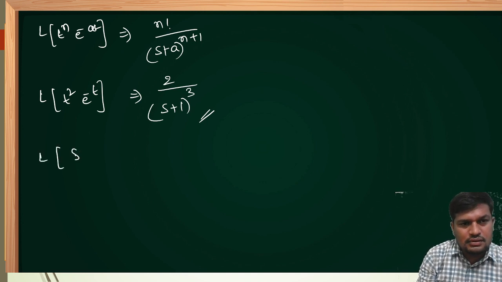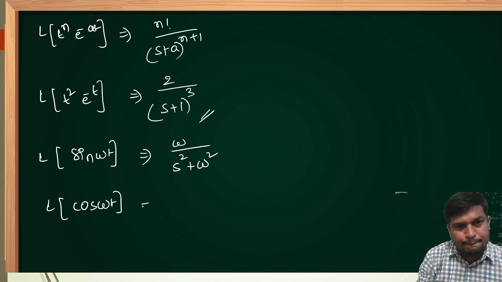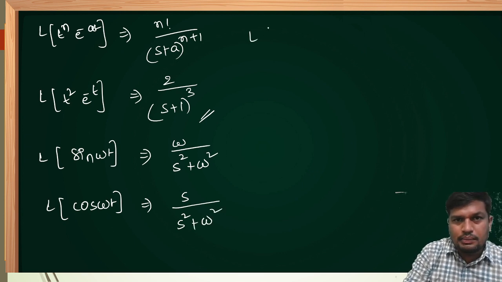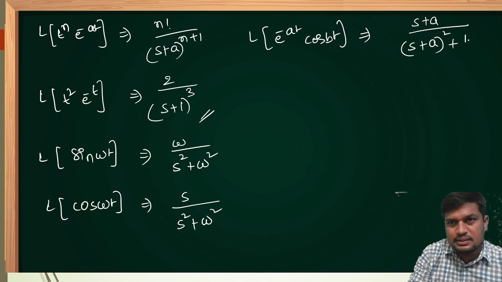Now, Laplace of sin omega t, the formula is omega upon s square plus omega square. Laplace of cos omega t will be s upon s square plus omega square. Now, Laplace of e power minus at into cos bt, the formula is (s plus a) upon (s plus a) whole square plus b square.